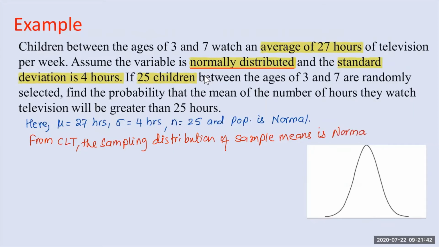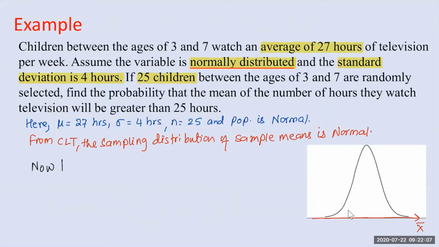That is what we know from the central limit theorem. Meaning of that is, if along this x-axis you have the sample means, the distribution is normal. Now, if the distribution is normal, we need the mean and the standard deviation for this one.